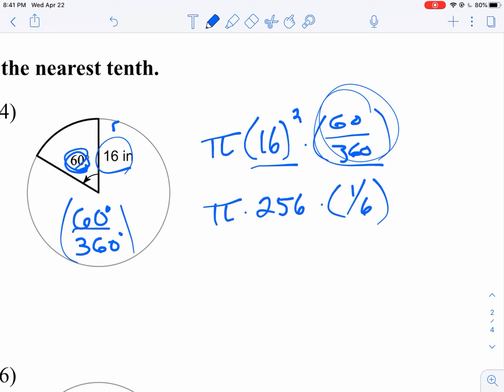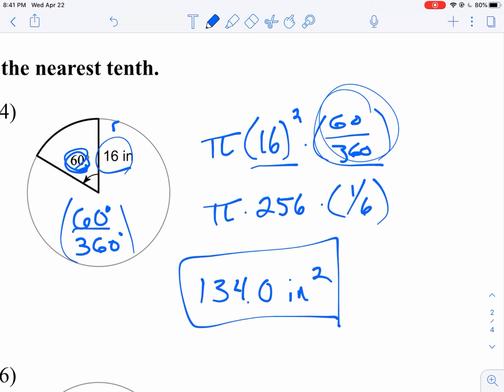So pi times 256 times, parentheses, 1 divided by 6, end parentheses, enter. And I get a final answer of 134.04, which is going to round to 134 square inches. All right.